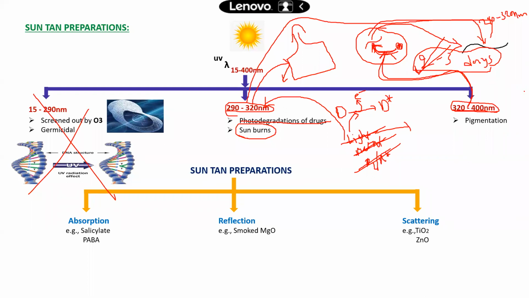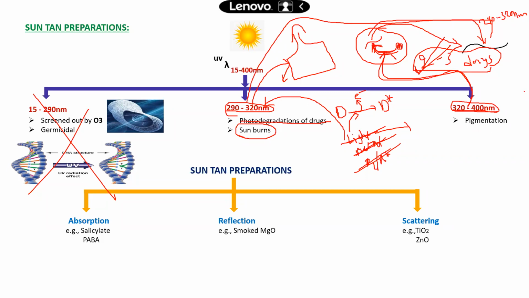Why? Because they know that here sunlight intensity is more, especially UV radiation 290 to 320 nanometer intensity is more in India. That's why immediately they apply that cosmetic preparation on their skin.